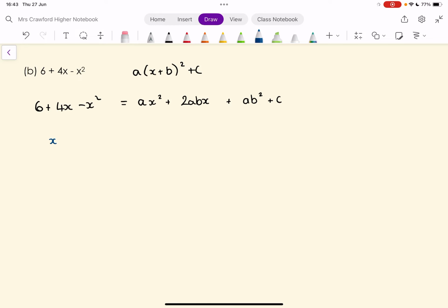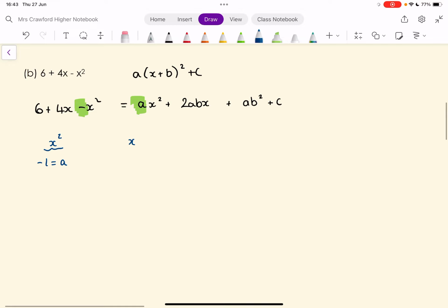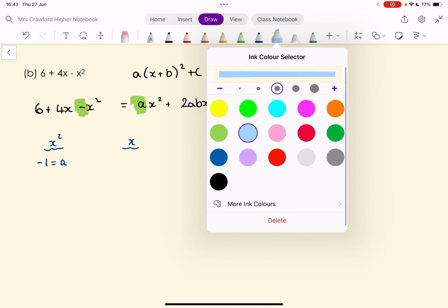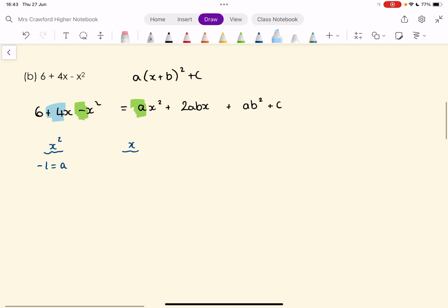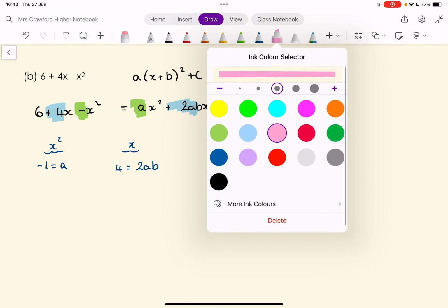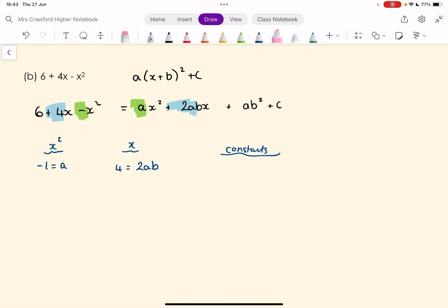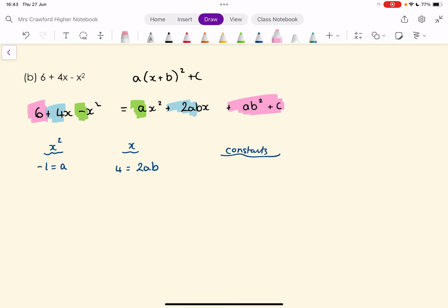If I equate my x squareds, I've got a negative 1 on this side and I've got an a. So a is equal to negative 1. If I equate my x's, I've got 4 equals 2ab. And if I equate my constants, I've got 6 equals ab squared plus c.